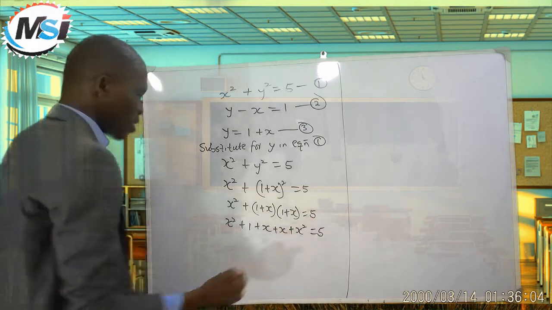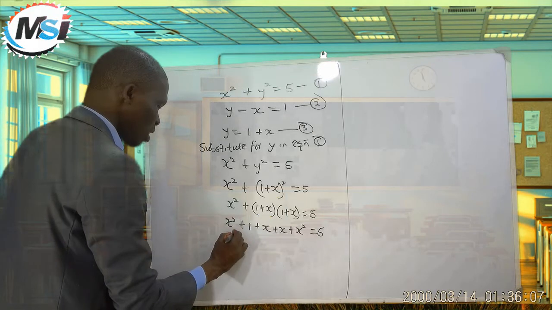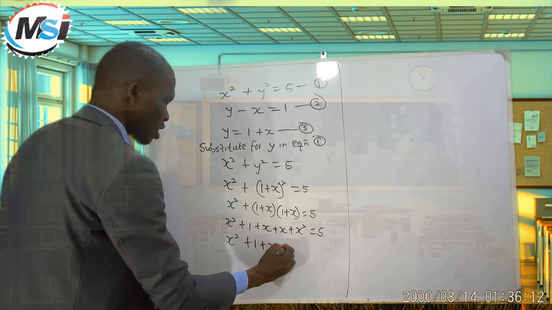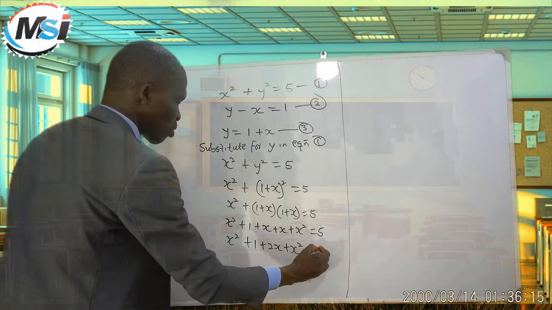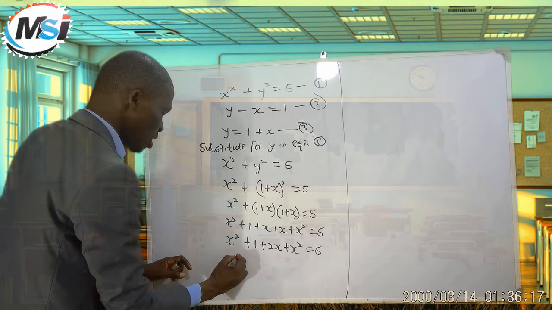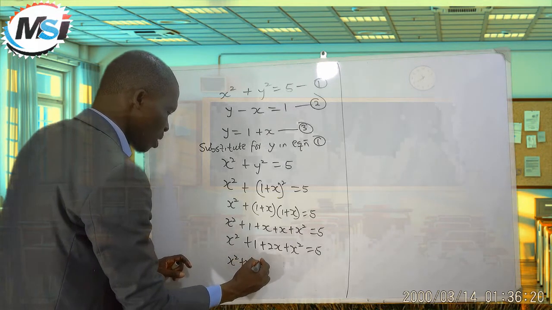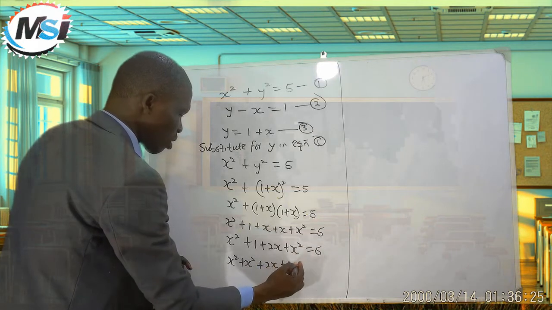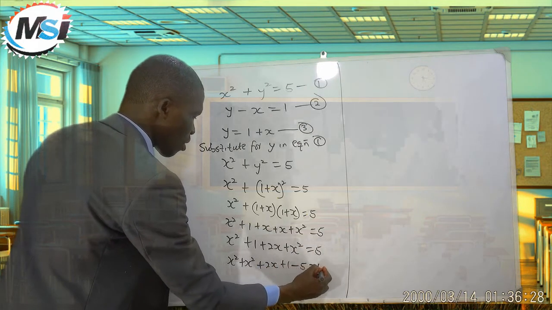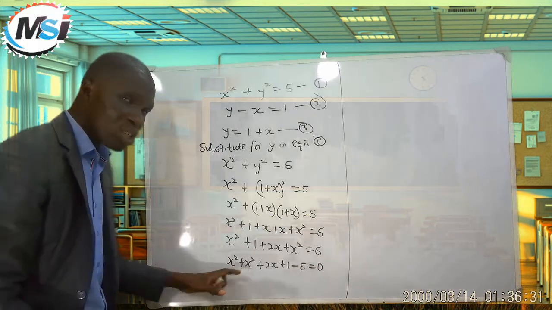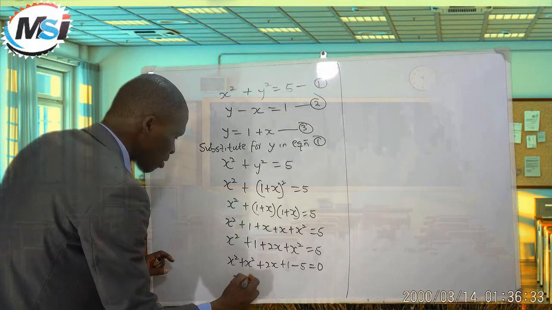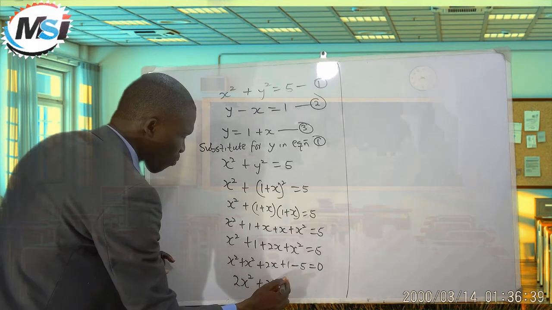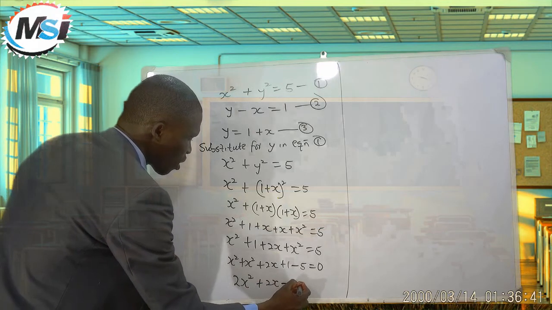So x squared plus 1 plus 2x plus x squared equals 5. When this 5 crosses to this side, we get x squared plus x squared plus 2x plus 1 minus 5 equals 0, which gives us 2x squared plus 2x minus 4 equals 0.